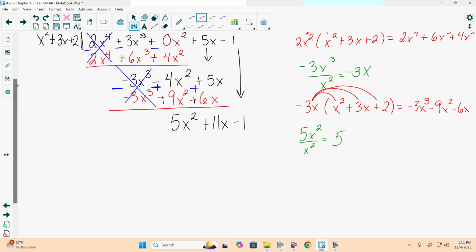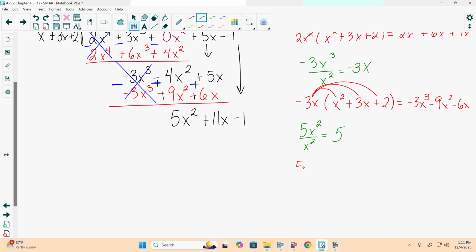So lastly, we need to do 5 times x squared plus 3x plus 2. Nope. Those numbers aren't right. Because if we multiply it out, 5 times x squared is 5x squared. 5 times 3x is going to be 15x, and 5 times 2 is going to give us 10.